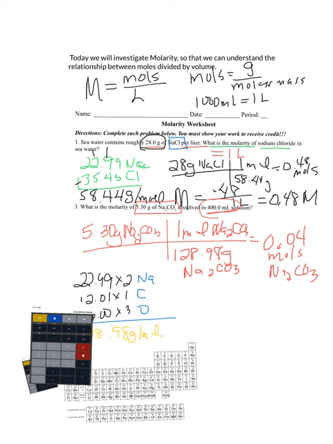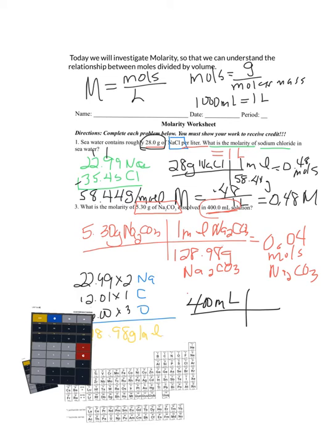So let's do that extra conversion. All right, so we're going to do 400 milliliters, and our conversion factor here is 1,000 milliliters would be equal to 1 liter.